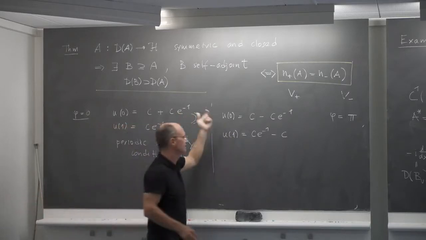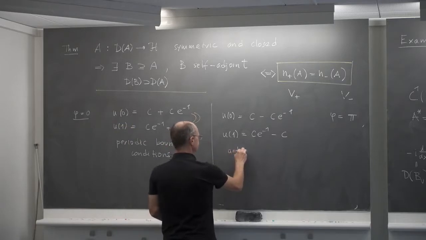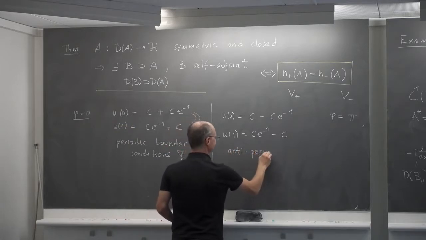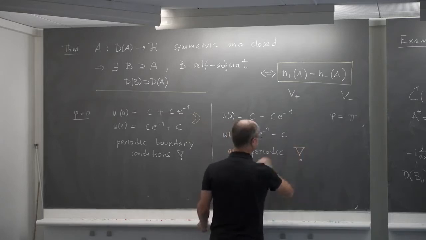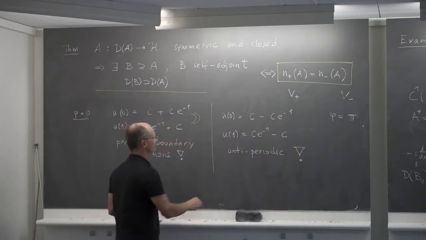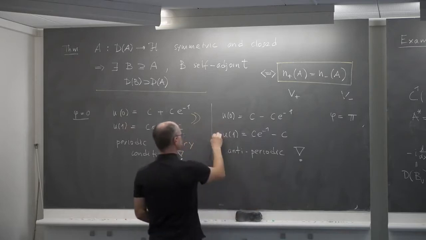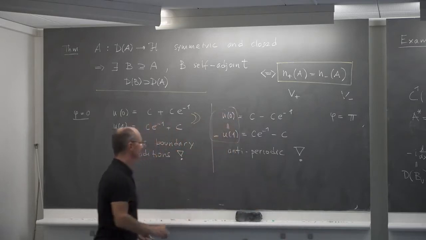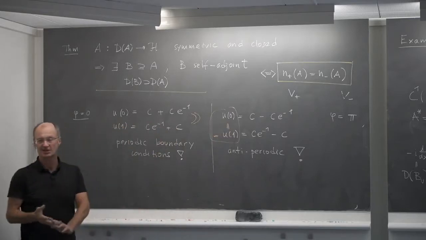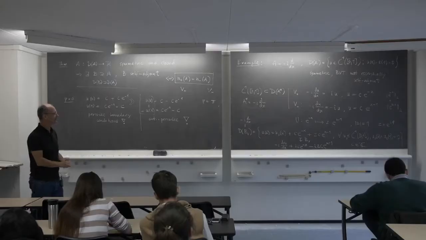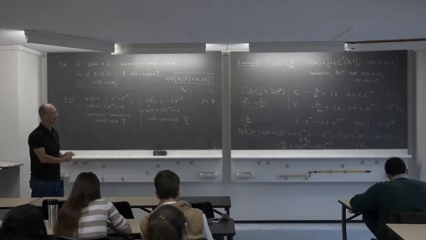Right? These are anti-periodic. So this is u of 0 equal to minus u of 1. And well, I let you meditate on what happens for other phi's.